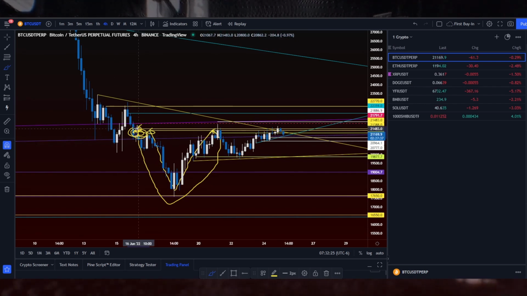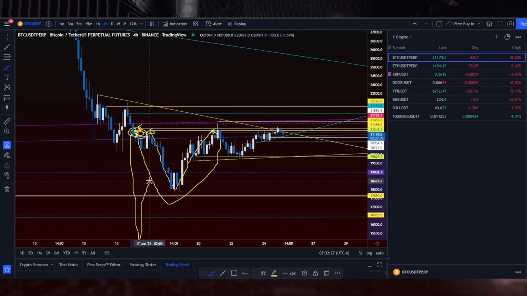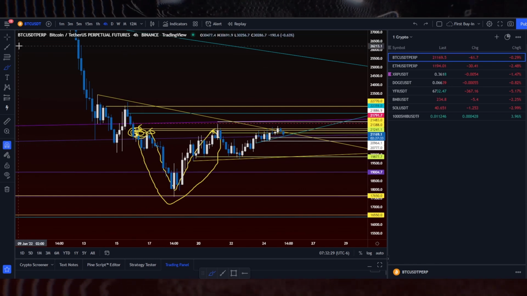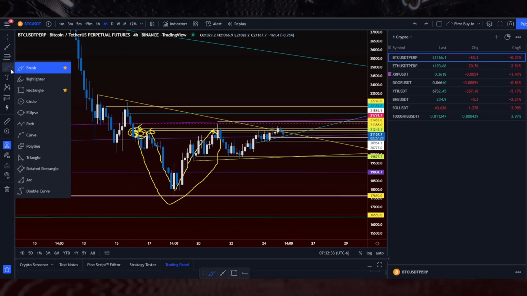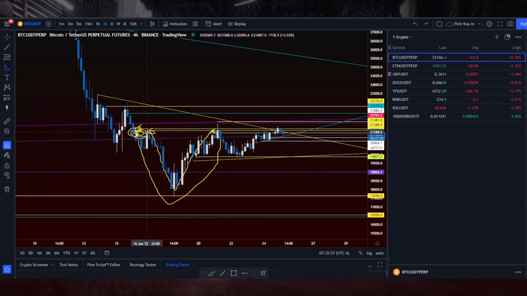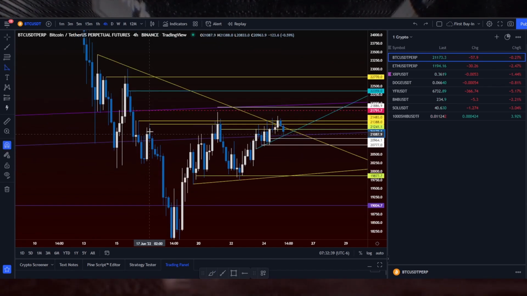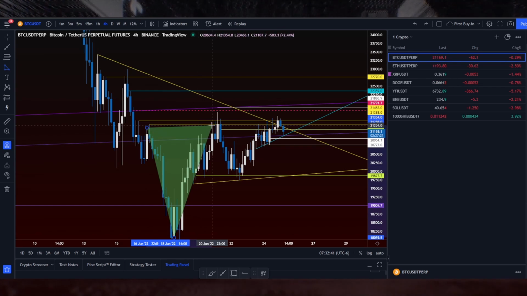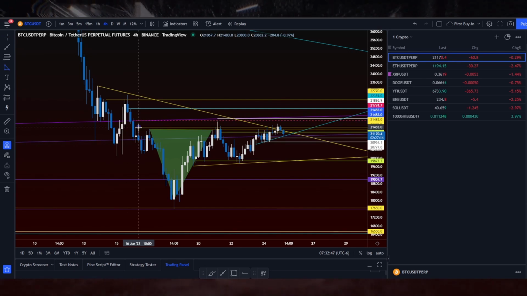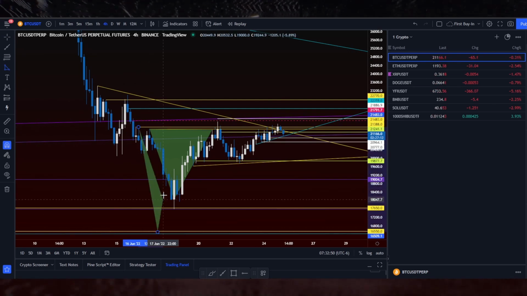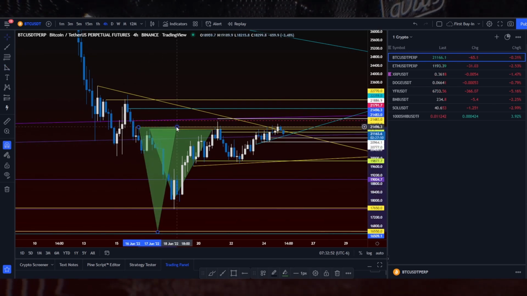However, this could have also had its own separate move like this, right? Maybe the triangle tool is best here. This ladder point could have had its own much deeper valley like this, right?